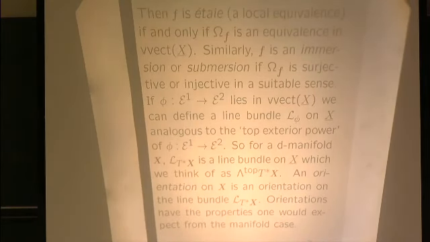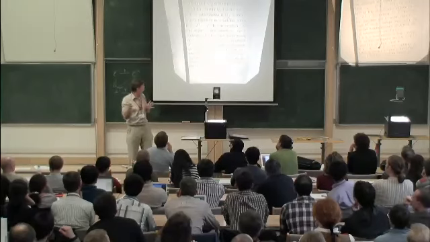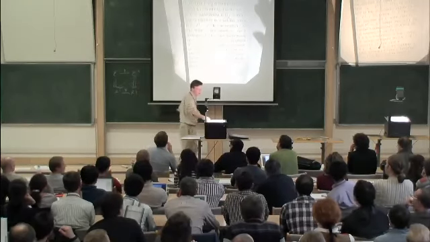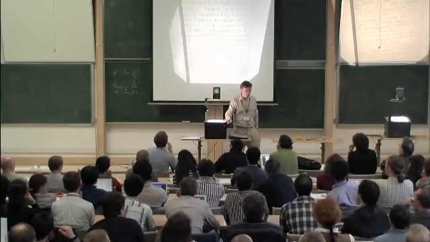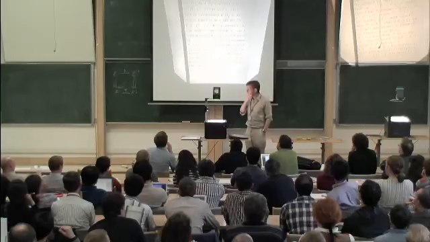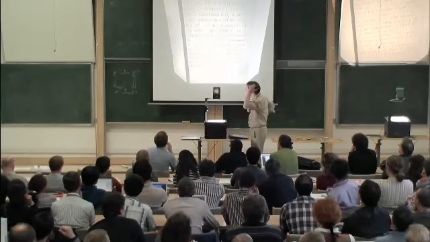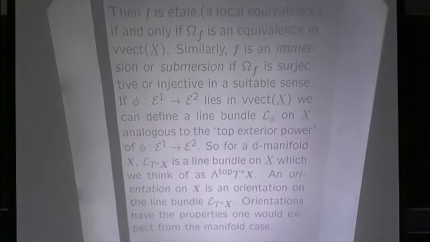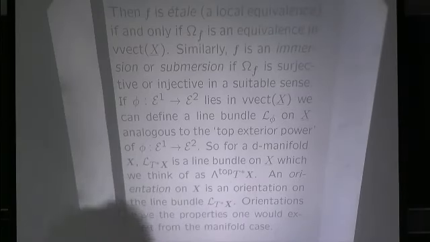So a smooth map of manifolds is étale if and only if it induces an isomorphism on cotangent bundles, and this is a derived version of that. That is not true for schemes, for instance. You can find examples of schemes where you get an isomorphism on cotangent bundles, but the morphism itself is not étale.